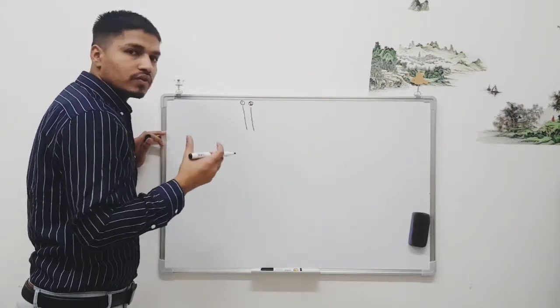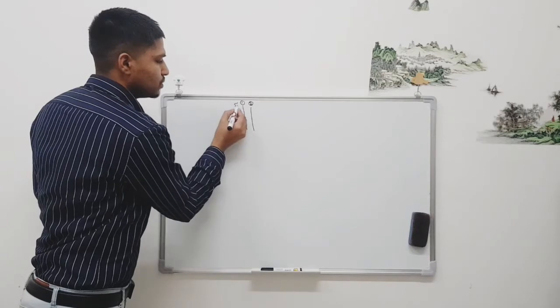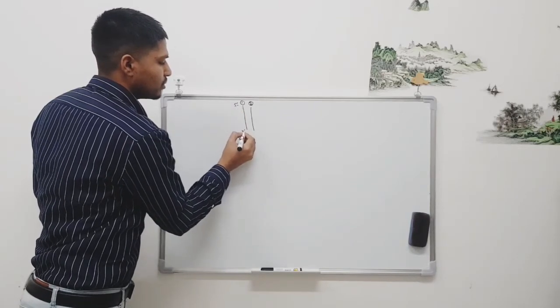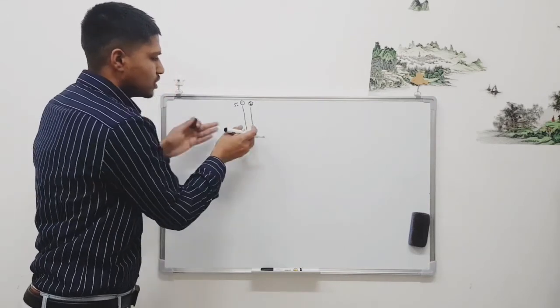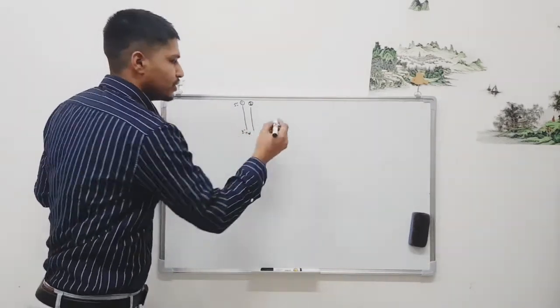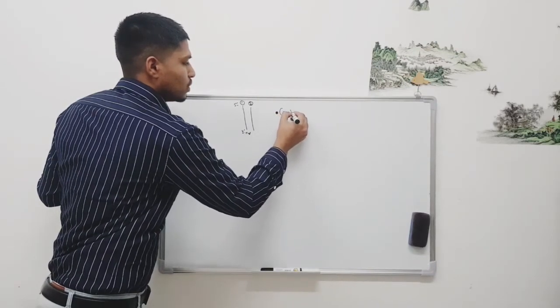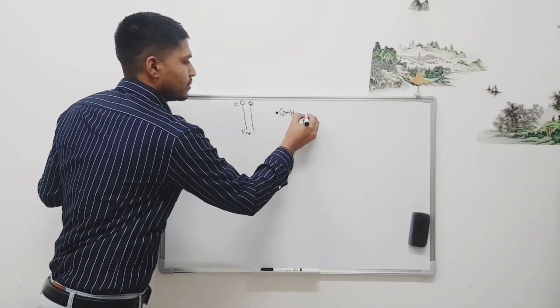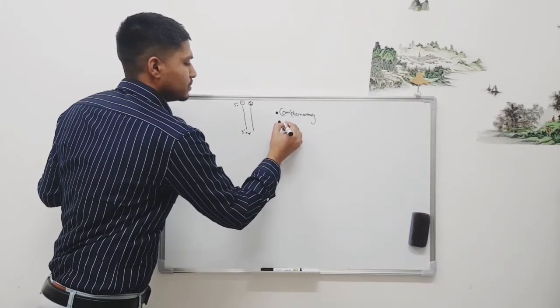We always read from the 5 prime end to the 3 prime end. The two strands are complementary and anti-parallel.